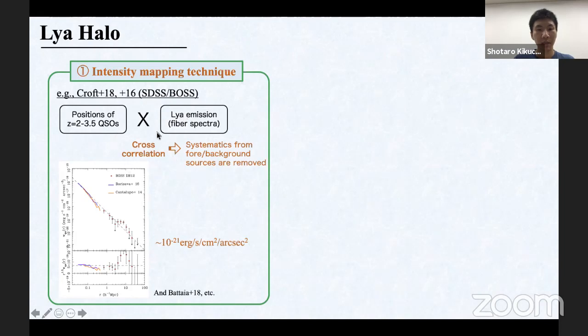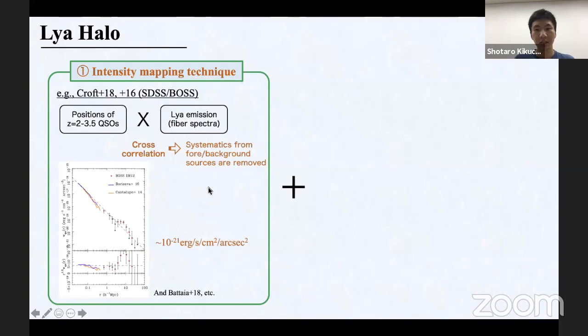What's good about taking cross-correlation is that they successfully removed the systematics from foreground and background sources. Finally, they reached a surface brightness down to the order of 10 to the minus 20. So in our analysis, we also use this technique.